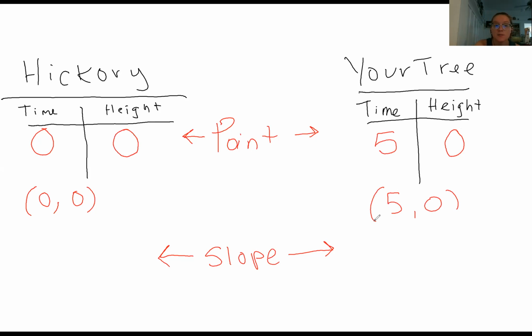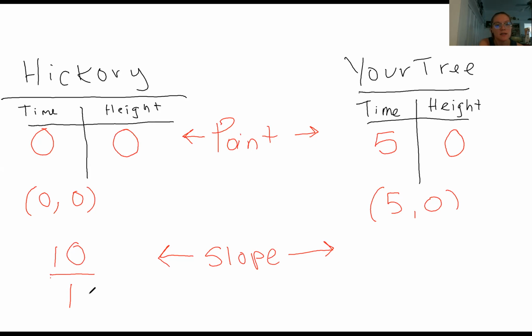The last portion of this is to figure out our slope. For me, I know that my tree grows 10 inches per year. So my slope is the rate of growth of my tree. So my slope is 10 inches for every 1 year. Okay? Remember, this is the y minus y.